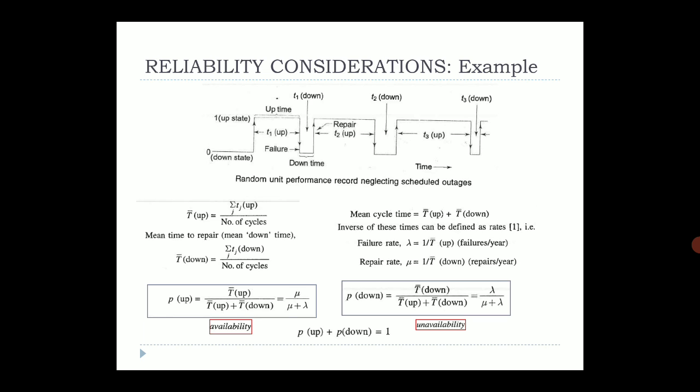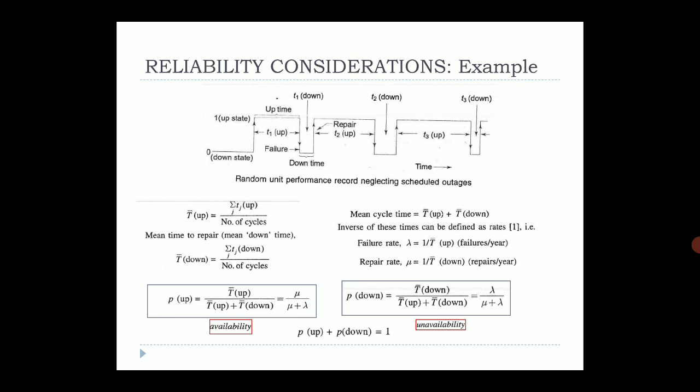So let us take an example here. This is a random unit performance record, neglecting the scheduled outages. You take a random generator, and you see it is starting in a down state, that is, it has not started.